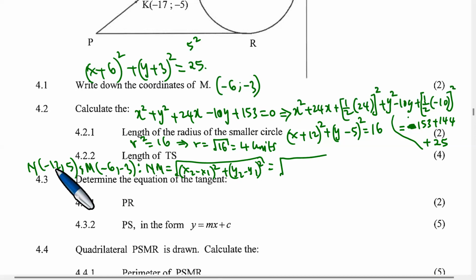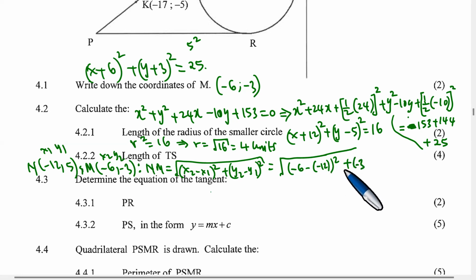We are moving from the point N to the point M, so x2 is minus 6, x1 is minus 12, squared, y2 is minus 3, y1 is 5, squared.